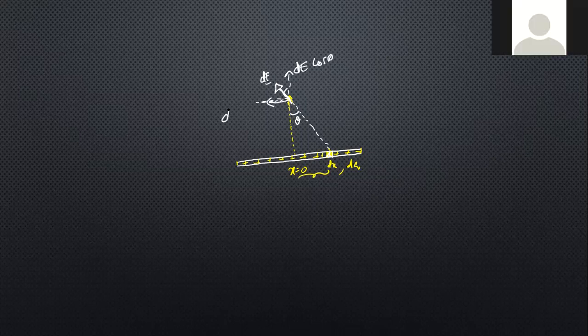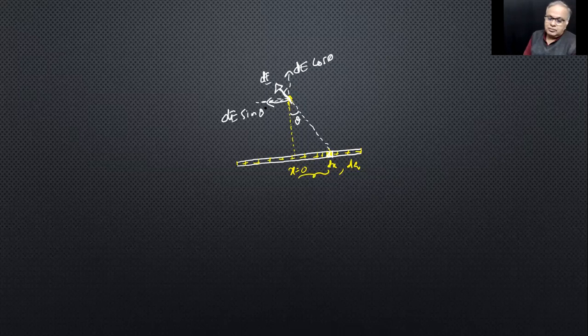If this is theta, this is going to be theta, right? So this dE, whatever it is, has two components, dE cos theta and dE sin theta. So you can integrate both Ex and Ey.